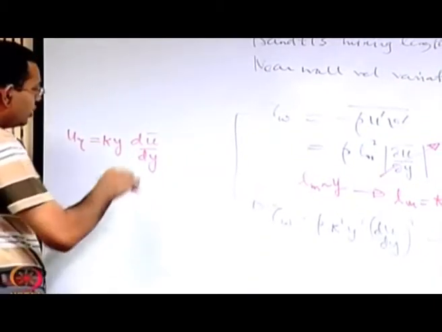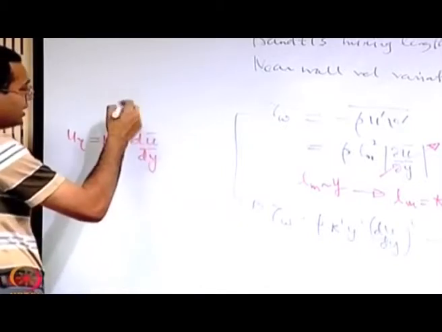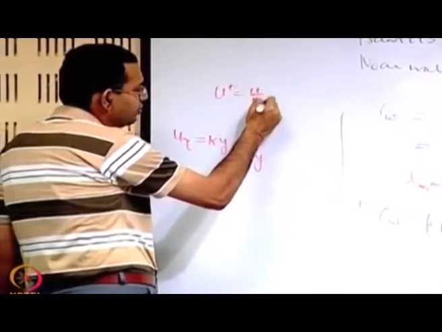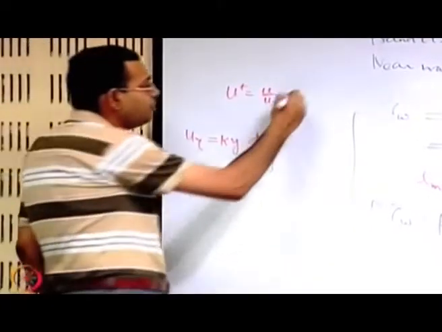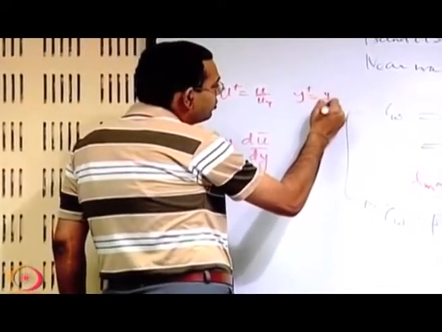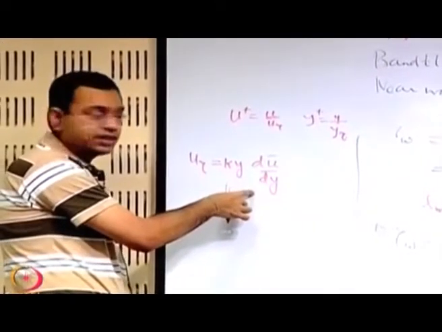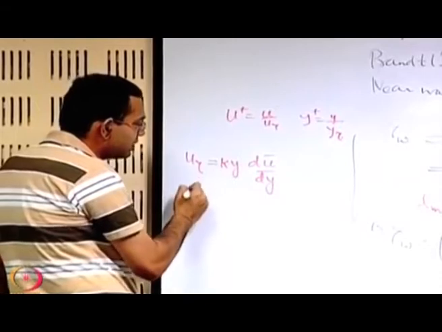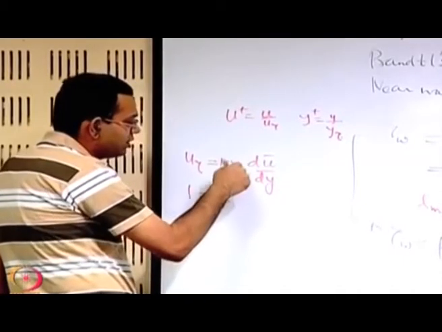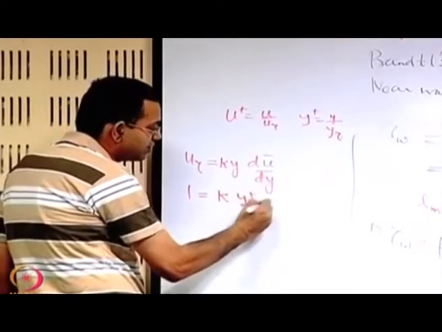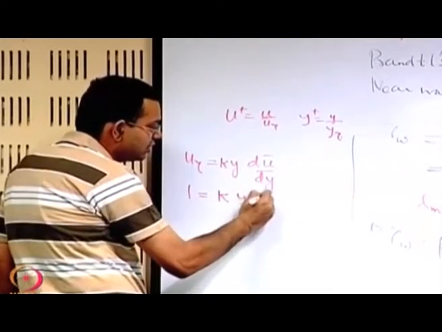Okay. So now what you may do is you may recall that you have u plus is equal to u by u tau and y plus as y u tau by nu. So let us try to non-dimensionalize this equation in terms of u plus and y plus. So clearly you can see that this becomes k, you may divide both numerator and denominator by the viscous length scale, so it becomes y plus by dy plus, and this is du plus.